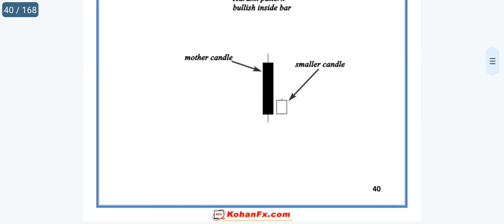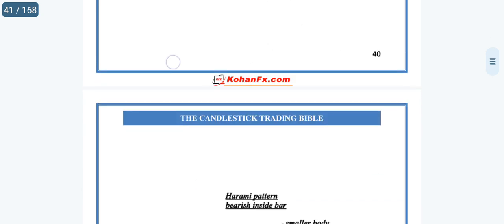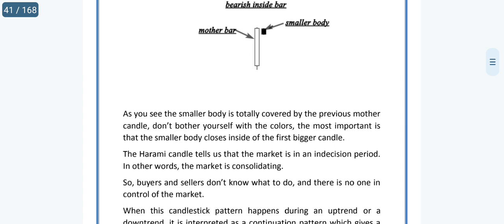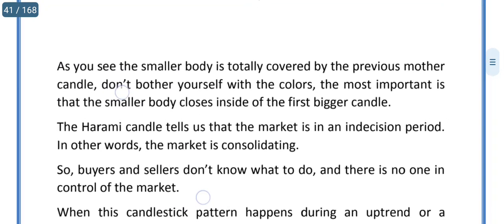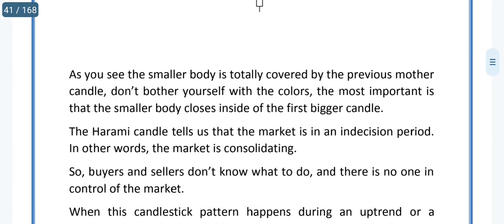As you can see, the smaller body is totally covered by the previous mother candle.